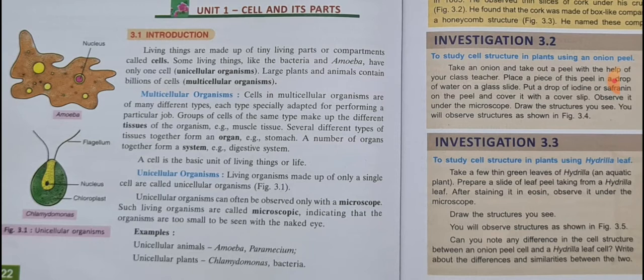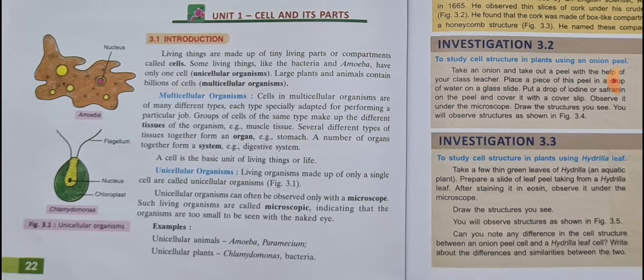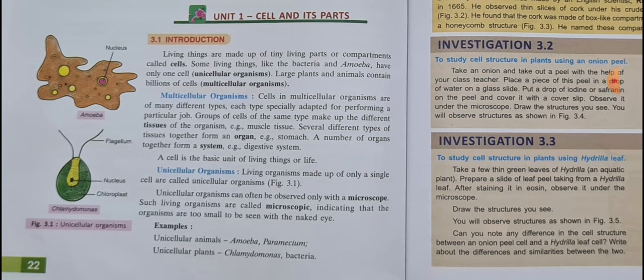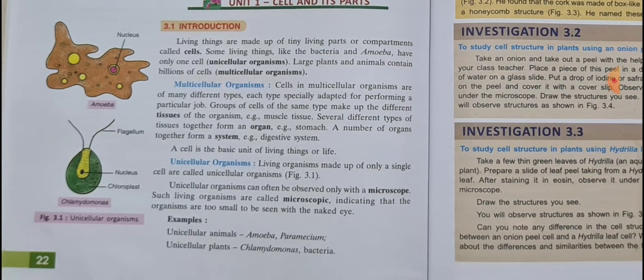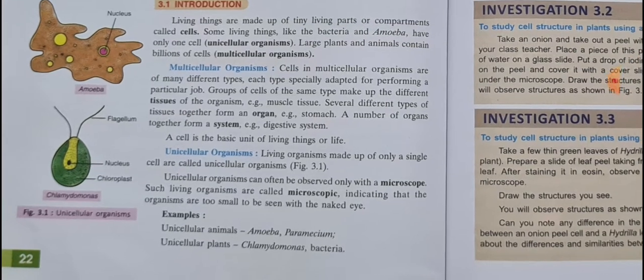Different types of tissues together form an organ, for example, stomach, intestine, liver, etc. A number of organs together form a system, just like the digestive system, respiratory system, excretory system, etc. So, a cell is the basic unit of living things or life.